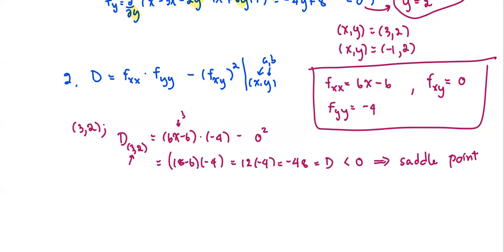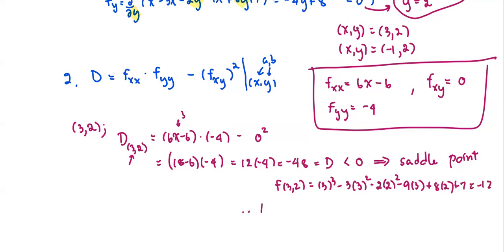And to go further, we compute the function value at (3, 2) by putting it in the original function: 3 to the third, minus 3 times 3 to the second, minus 2 times y to the second, minus 9 times x, which is 3, plus 8 times 2, plus 7, equals negative 12.